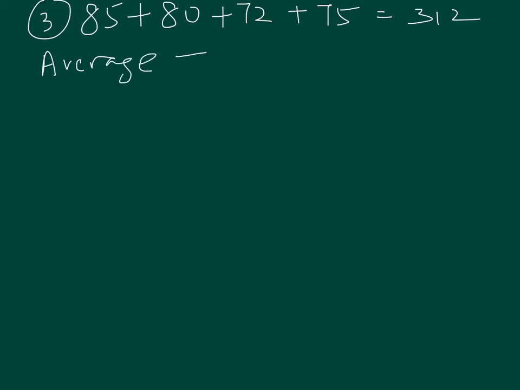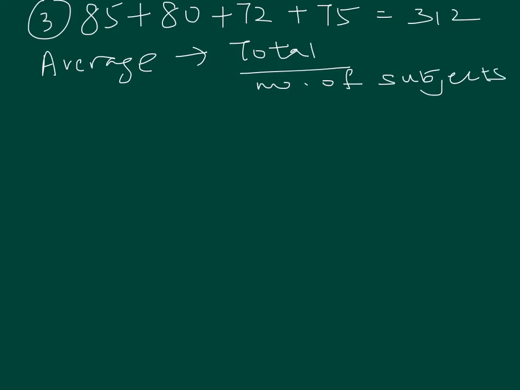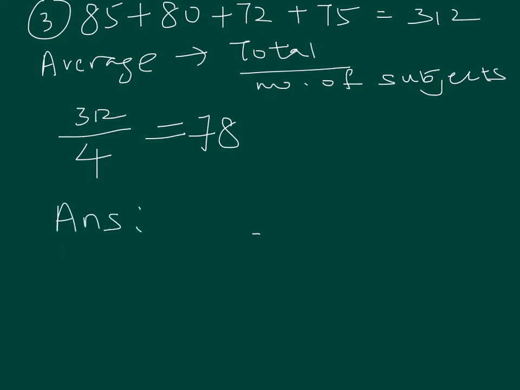Average equals total divided by number of subjects. So we have 312 divided by 4 people, and our answer is 78. Bala's score of 80 is the closest to 78. So for question 3, our answer will be 2, Bala.